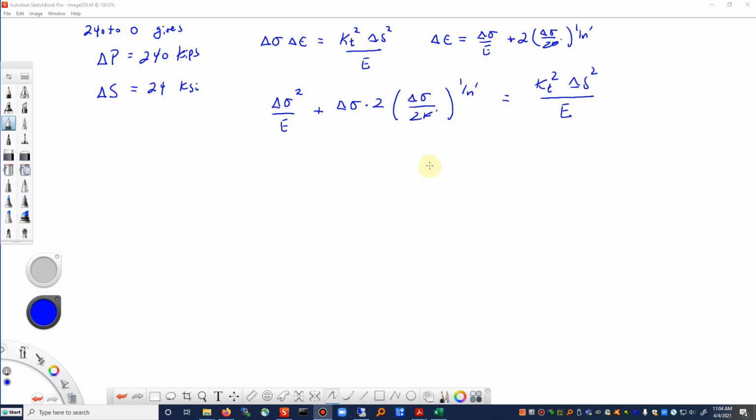All right, so where that comes from is by rearranging this formula by inserting the delta epsilon in here.